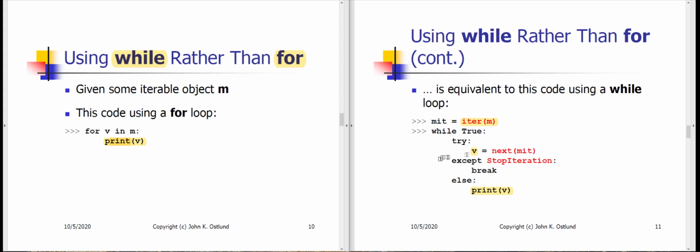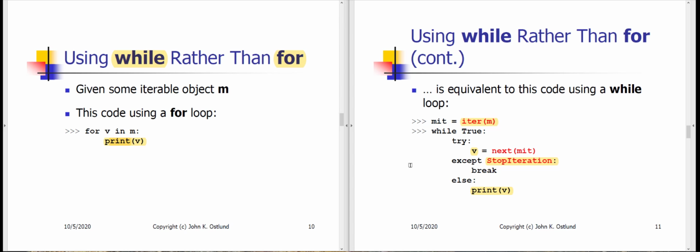But when we get to the end of the values in this iterable object that this iterator MIT is accessing, that will raise a StopIteration exception, and we will break out of the while loop to go on to whatever follows.